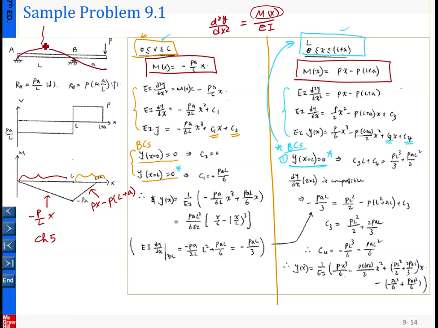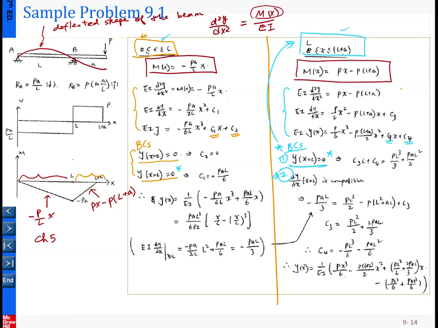Okay, so this is the deflected shape of the beam. Now I'm demonstrating how to figure out the additional boundary conditions. Okay, we need one more. I'll explain how we can determine the second one here.